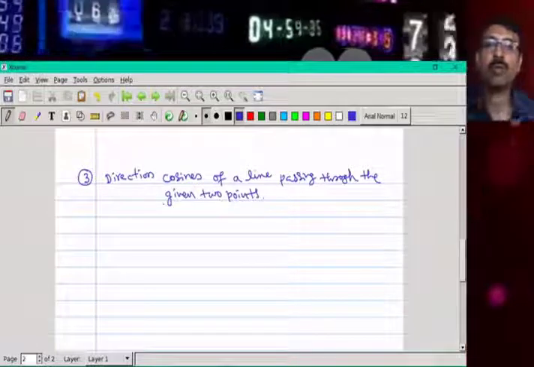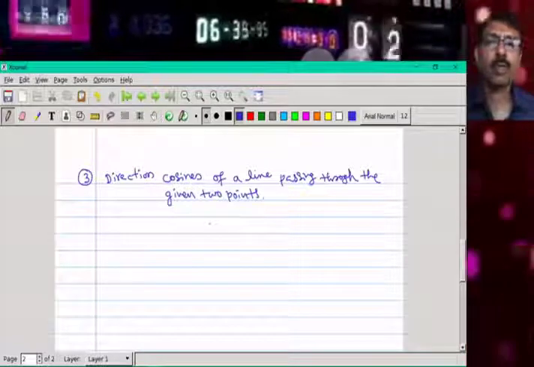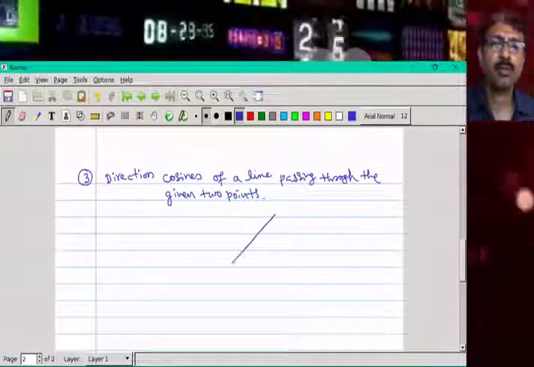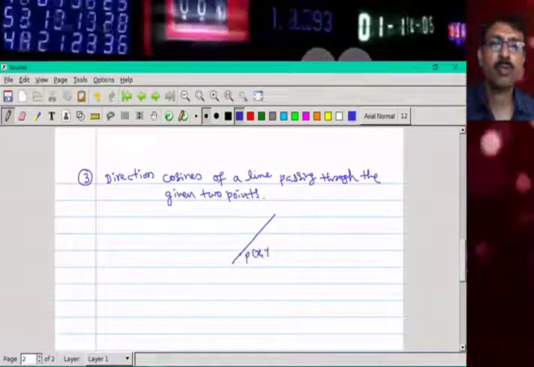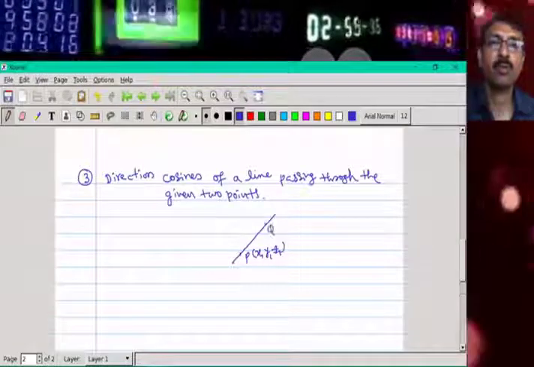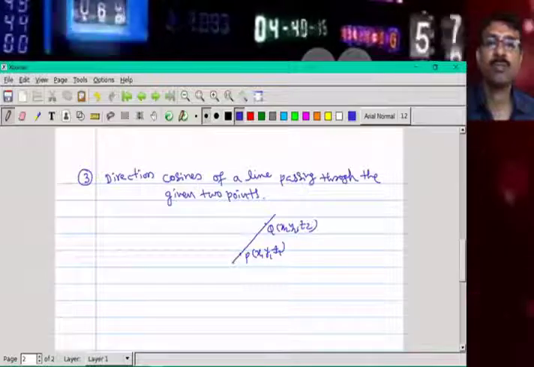So direction cosines, observe this is a line passing through P (x1, y1, z1) and Q (x2, y2, z2).